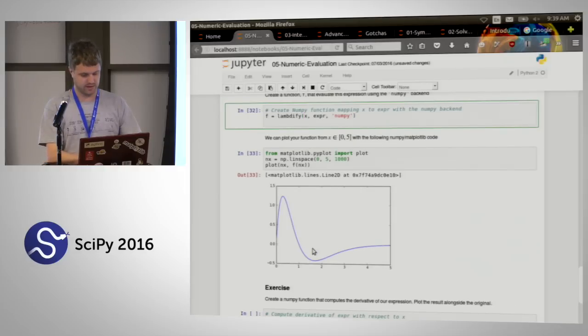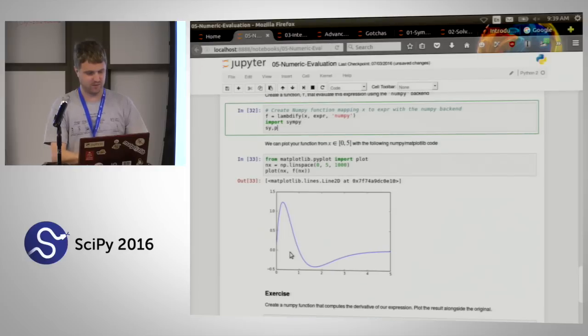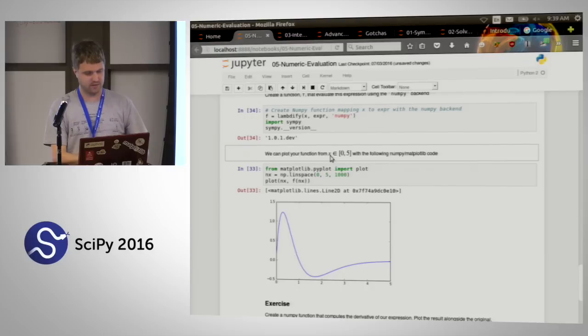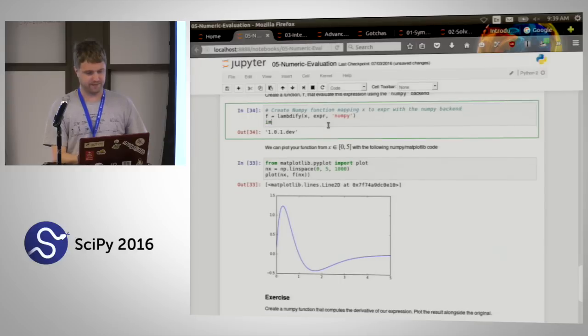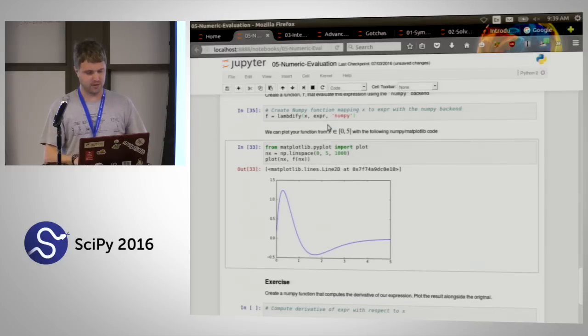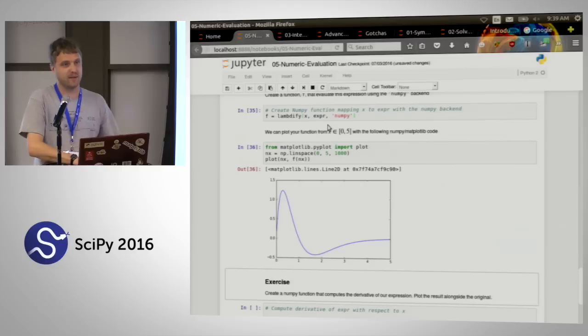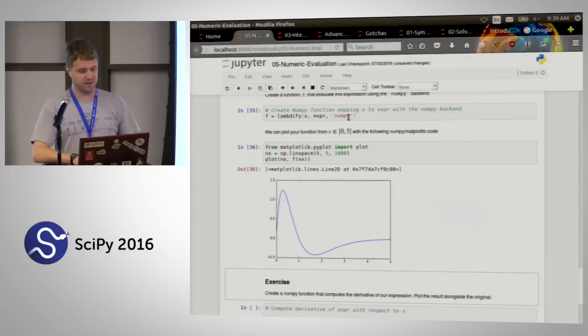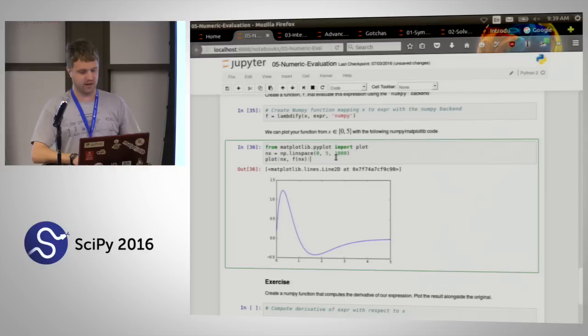Exactly. So maybe I might be thinking of something that never happened. We're actually running the development version, so that might be an issue that was not fixed yet. For now you should pass it NumPy, but it probably should become the default.